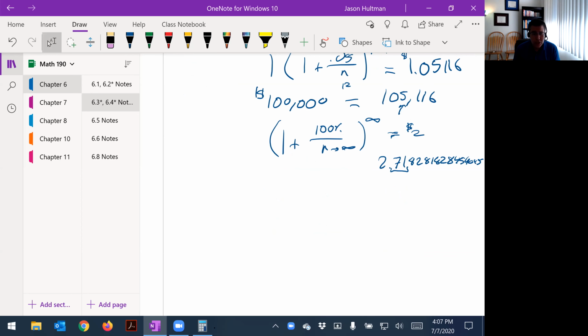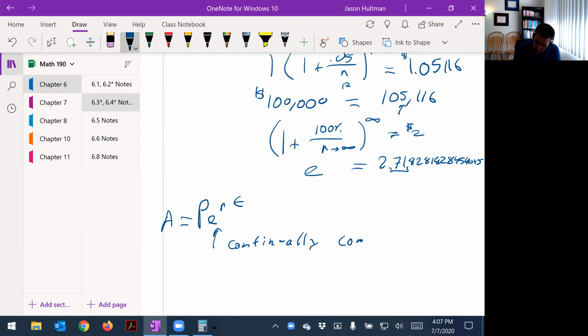We're going to be rich beyond our wildest dreams by doing this, and this comes out to be e, the natural exponent. And this is actually what we call, in business and finance, a PERT account, where this is continually compounded interest.